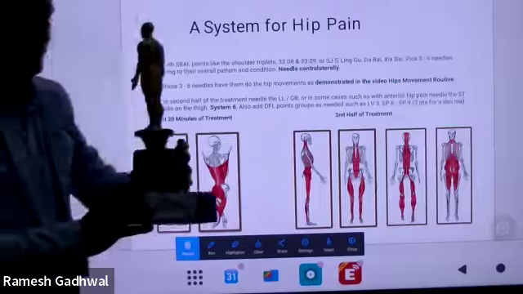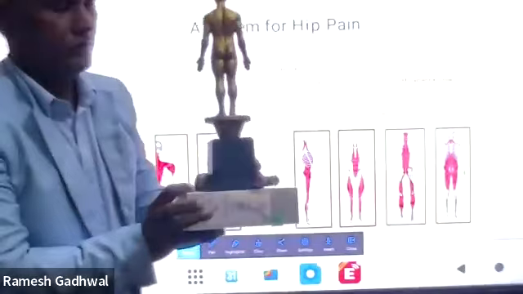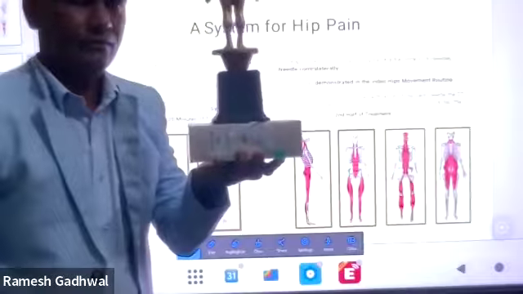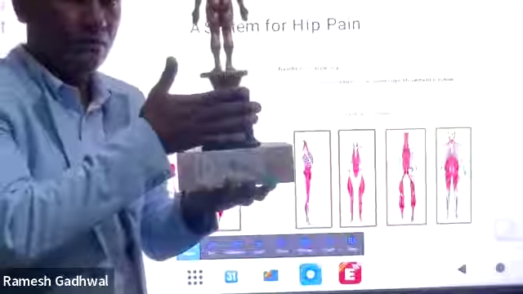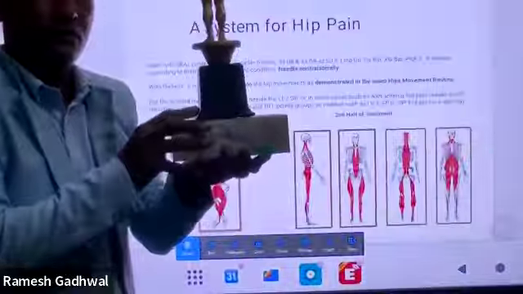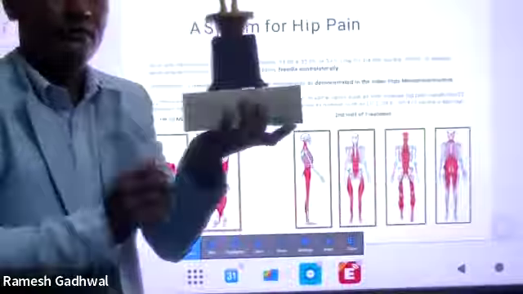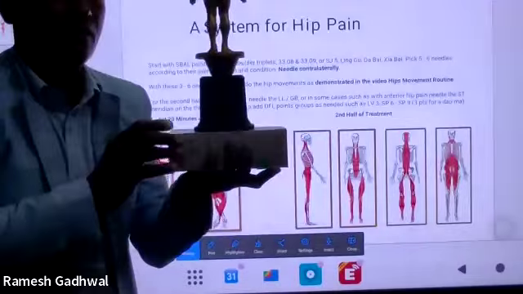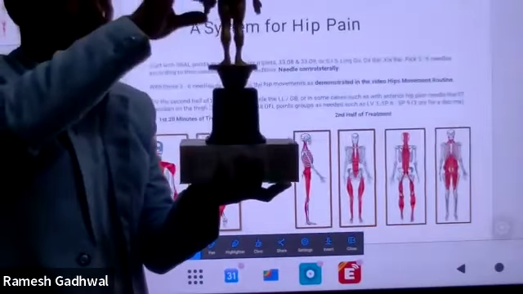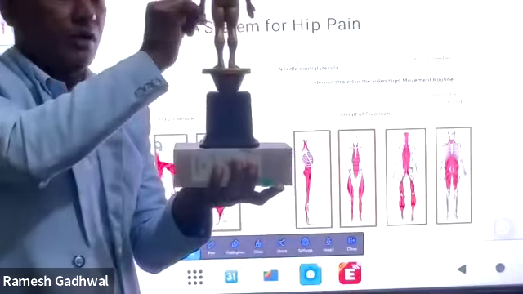Look, this is a memento. It is standing here. On what base is it standing? Why is it standing? The main cause is that the base is solid, and its force is equally on the body. Okay, I am pushing this from here.